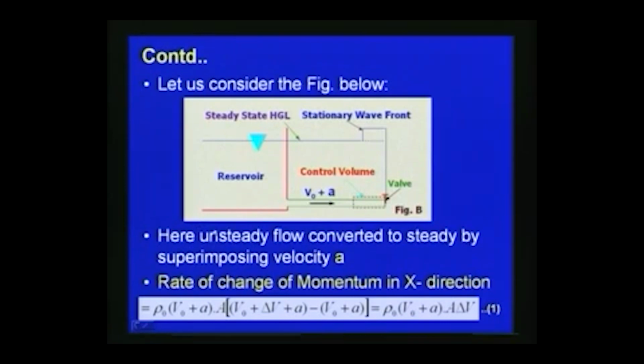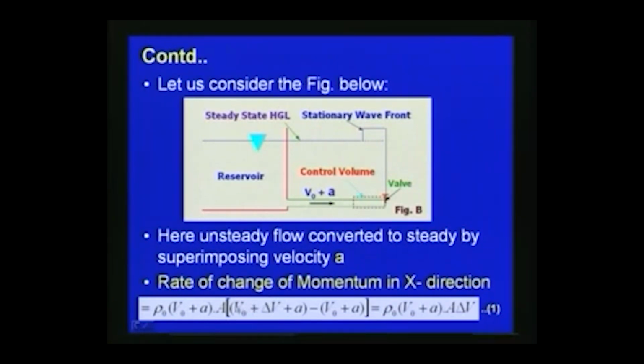Now we can find the rate of change of momentum. With respect to the change in velocity, there will be a rate of change of momentum. The rate of change of momentum in the x direction we can write as rho 0 into V0 plus A into the velocity change.